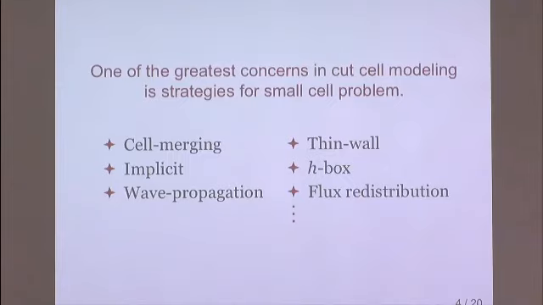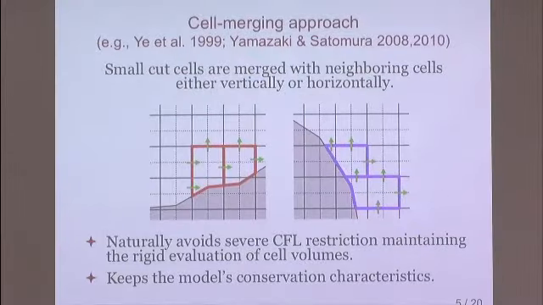In this study, we use a relatively old-fashioned and really simple cell merging approach to solve this problem. The concept of this method is really simple. We just combine the small cells to a neighbor cell to avoid the really strict CFL condition.